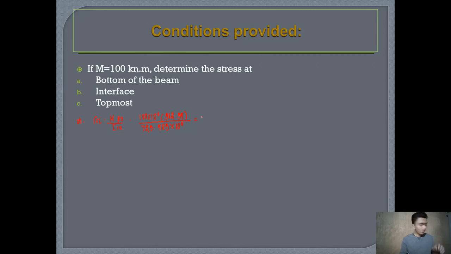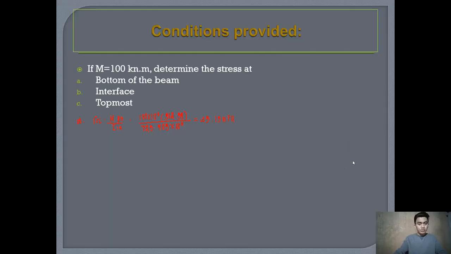So what will happen here now? Input that on your calculators. I will have there 100 times 10 raised to 6 multiplied by 312.39 all over 723.903 times 10 raised to 6. We will have here 43.15 megapascal.